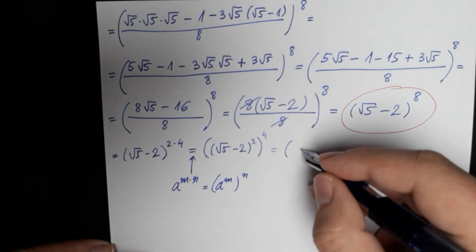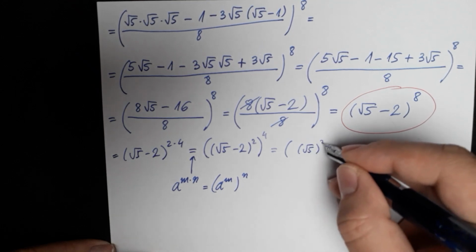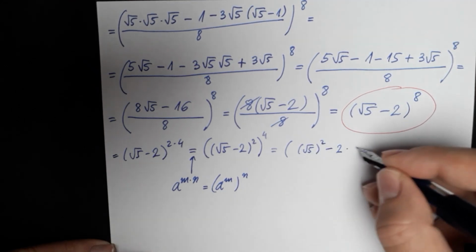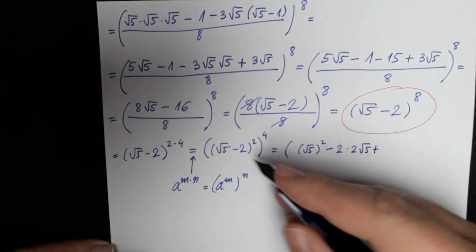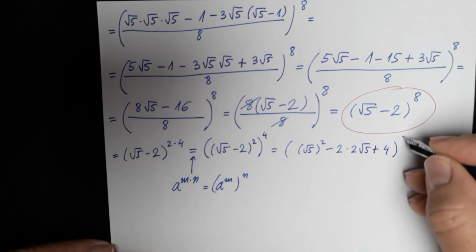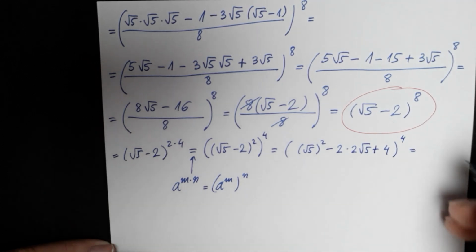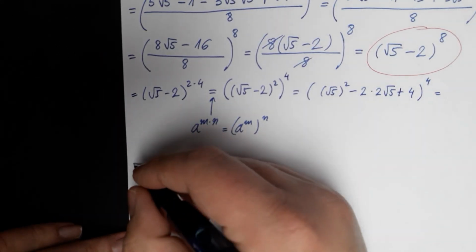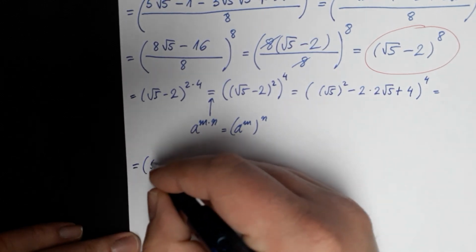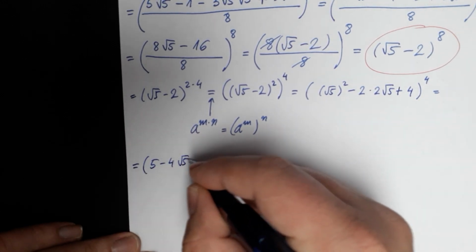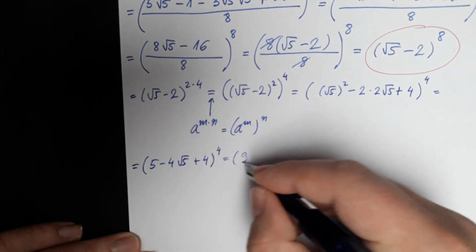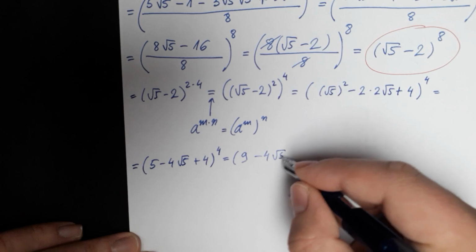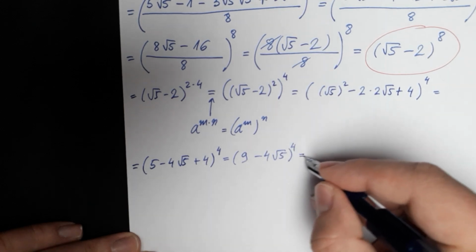So this is equal to the square root of 5 squared minus 2 multiplied by 2 square roots of 5 plus 2 squared is 4, and then the entire thing is going to be raised to the 4th power. This is equal to 5 minus 4 square roots of 5 plus 4 to the 4th power, and that is 9 minus 4 square roots of 5 to the 4th power.